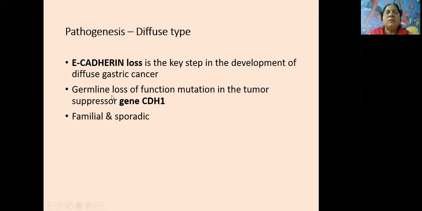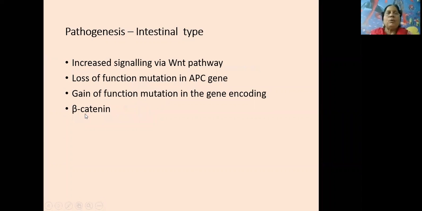A germline loss of function mutation in the tumor suppressor gene CDH1 leads to E-cadherin loss. That is the key step in the development of diffuse gastric cancer. That can be either familial or sporadic.